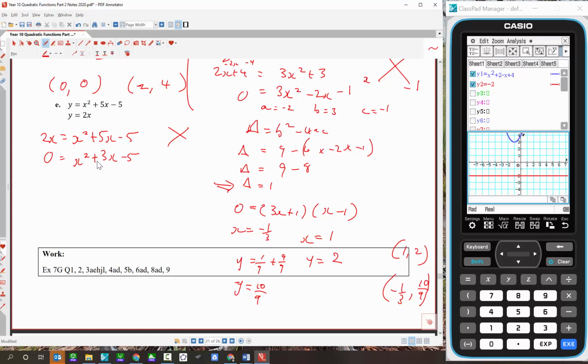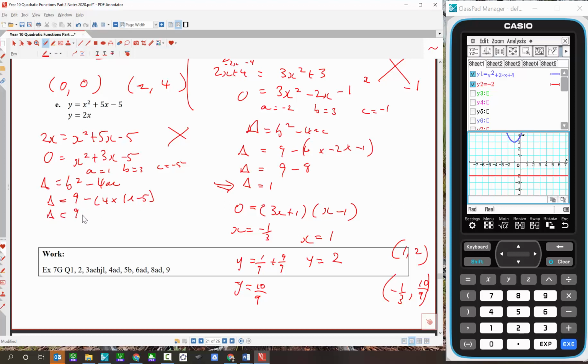So what I can quickly see is that I can't factorize it, but let's just check whether it does have solutions by throwing it into the discriminant, where a is equal to 1, b is equal to 3, and c is equal to -5. Now b squared is 9, take away 4 times 1 times -5.